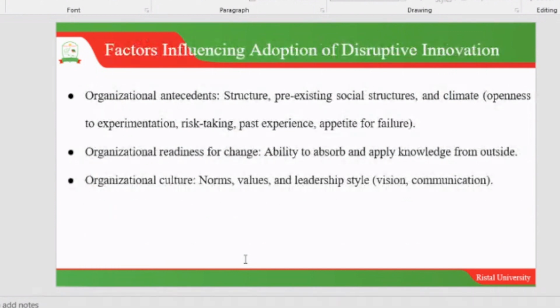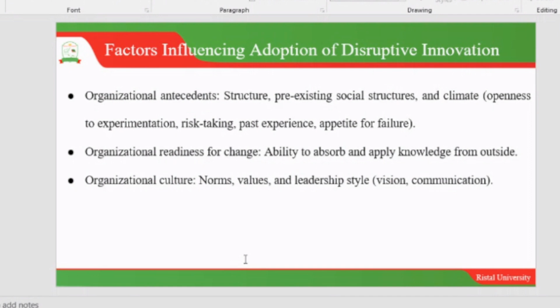So the factors that affect adoption of disruptive innovation now become organizational antecedents like the existing social structures, the norms, the values of a particular organization or social structure. The climate: is the organization open to experimentation?